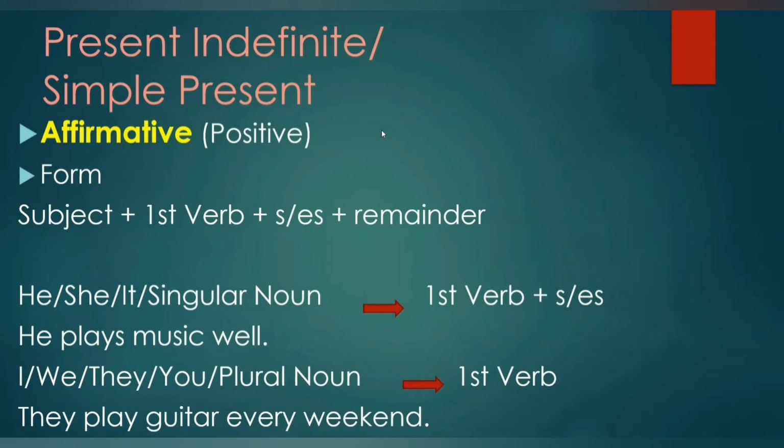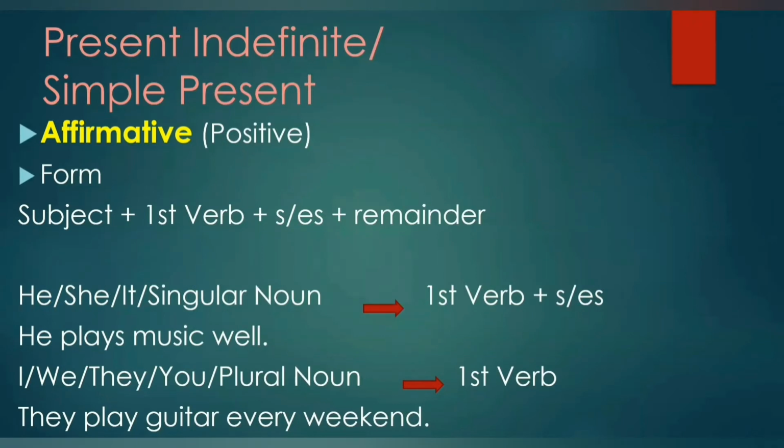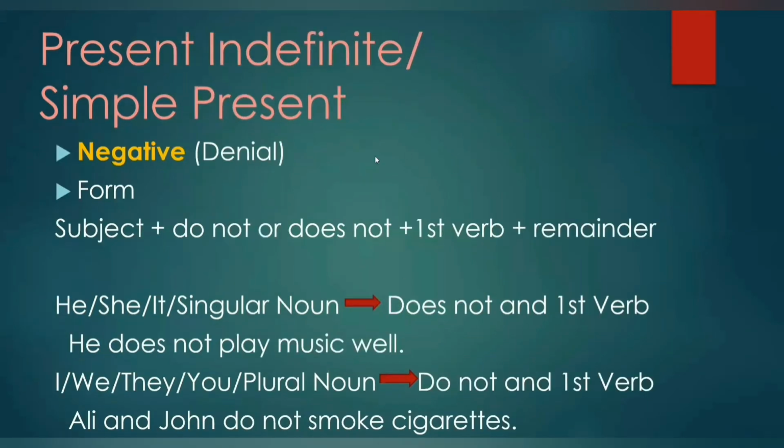Affirmative. Affirmative means positive. It's a statement. Affirmative is exactly what we learned in the previous slide. Next is negative, which is denial. We are saying no to something. Its form is, it starts with the subject. We add do not or does not plus first verb plus remainder.